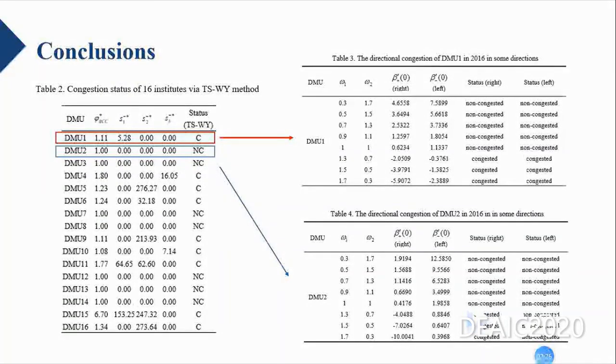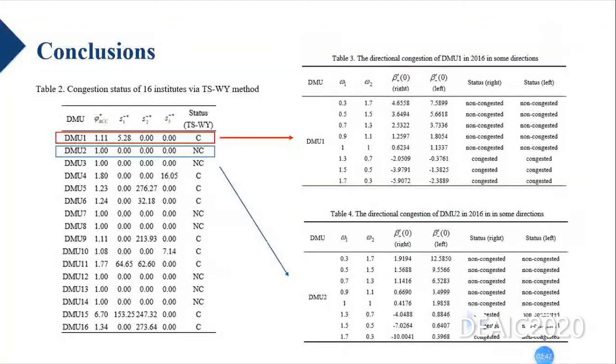This result of directional congestion indicates that, on the basis of existing inputs, if DMU1 decreases staff and expenditures in such proportions, it can effectively eliminate congestion.